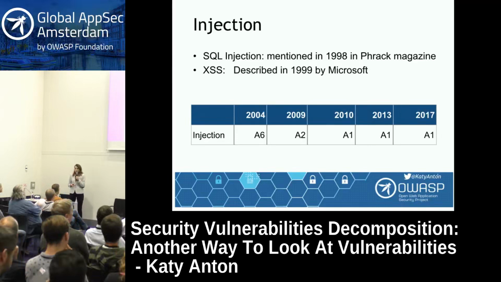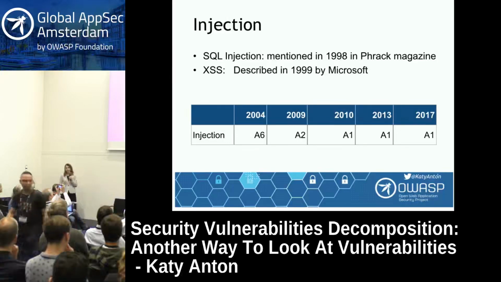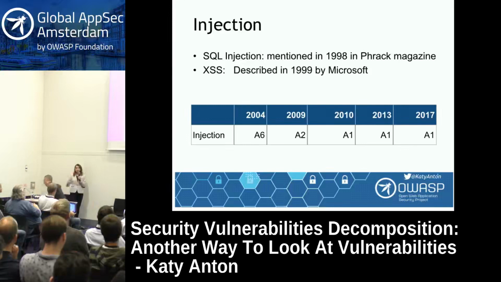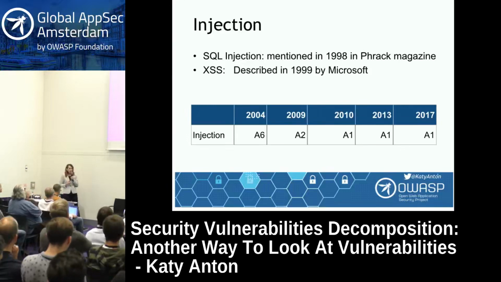The term cross-site scripting was coined by Microsoft in 1999. So the question is, is there anything else that we can do? Because if we continue on the same route and do the same thing like we've done until now, we are at risk of talking about injection for the next 20 years.